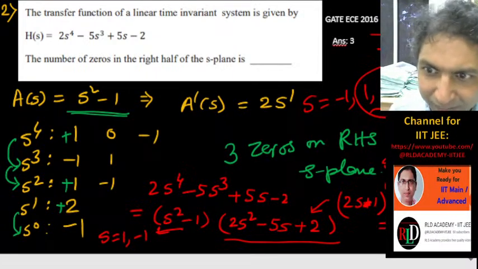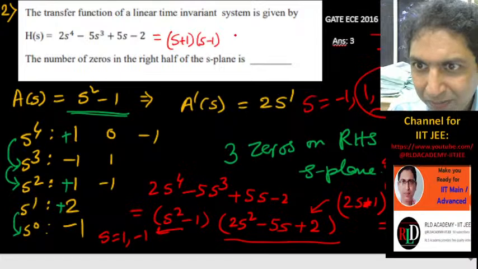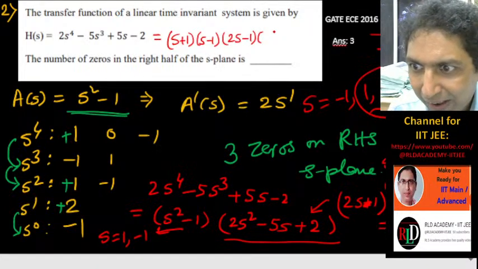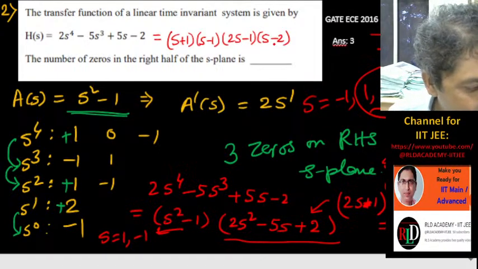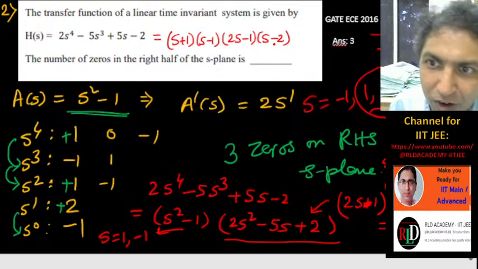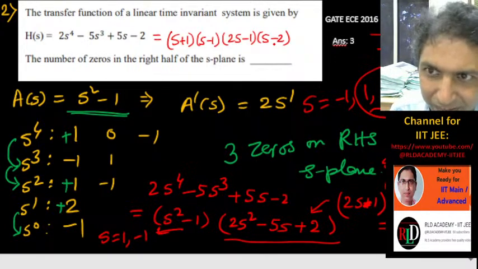If you multiply these factors, what are the total factors I can find out? S plus 1, S minus 1, 2S minus 1 and S minus 2. If you multiply these 4, you will get this H of s. There is no confusion at all.